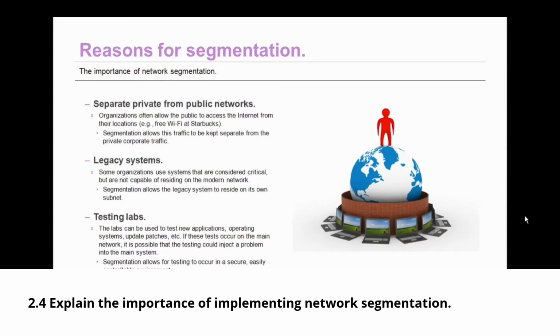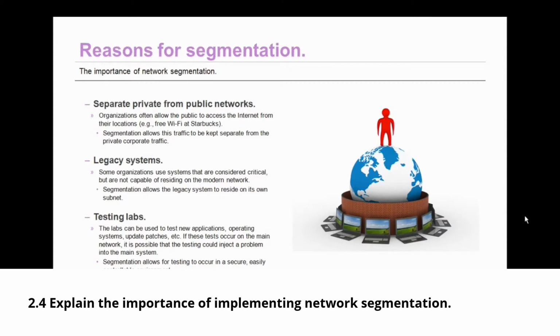A major reason for network segmentation is to separate private from public networks. Organizations often allow the public to access the internet from their locations. These are places that offer free Wi-Fi. Segmentation allows this traffic to be kept separate from the private corporate traffic. Then there are legacy systems.